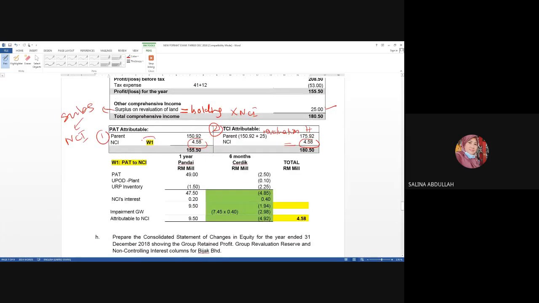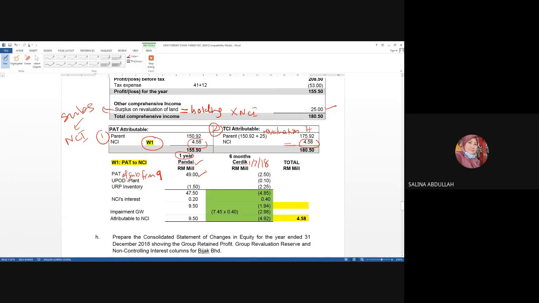Working one. Always remember working one is for PAT attributable to NCI. So we have 1 year for Pandai. And then remember, S2 was acquired on 1st of July 2018. So what you need to do when you calculate, you will start with profit after tax of subsidiary from the question. Can you see in the question?